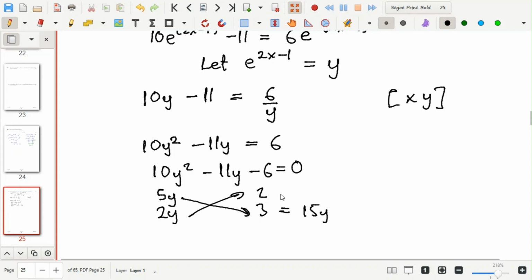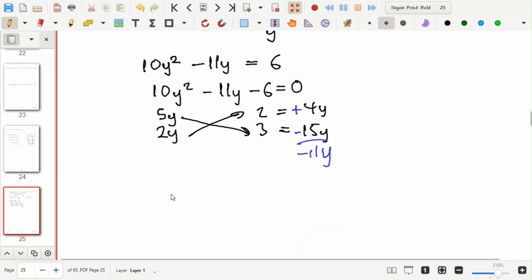This will give me 4y. What can I do to these two terms to get the middle term? When this side is minus and this side is plus, is that correct? No, you get 11. So it's the other way around. When here is minus and here is plus, you get negative 11.